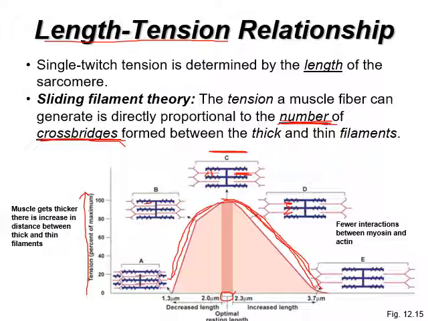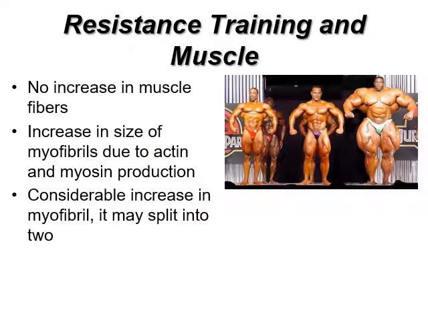Okay, so that's the length tension relationship. We're going to pull back to this again in cardiac muscle, so it's a good thing to learn because we will be utilizing it again when we start talking about cardiac muscle and cardiovascular. Another factor that can affect the strength of muscle contraction is the size of muscles. We cannot increase the number of muscle fibers. You can't actually increase the cells, but you can increase production of actin and myosin.